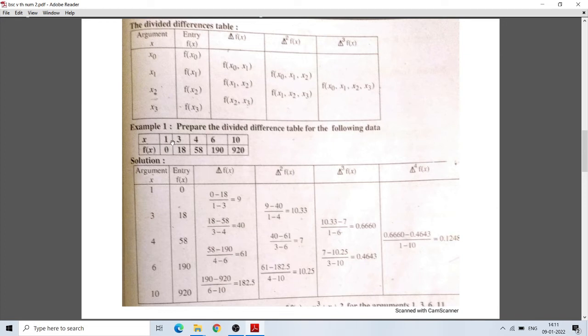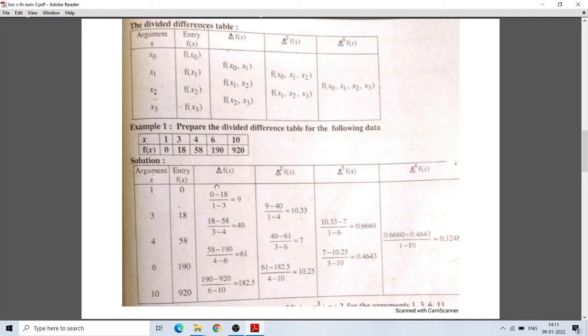X values are the argument values: 1, 3, 4, 6, 10. And entry values are 0, 18, 58, 190, 920. Then find the divided difference table. Arguments 1, 3, 4, 6, 10 and entry values are 0, 18, 58, 190, 920.